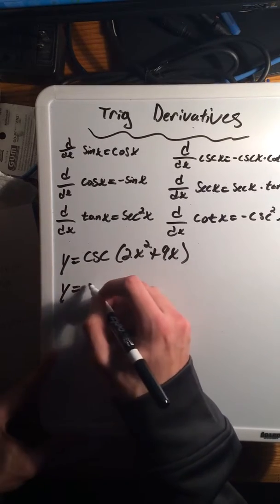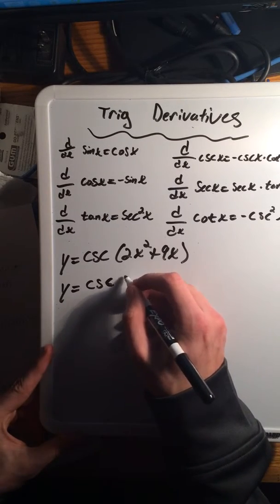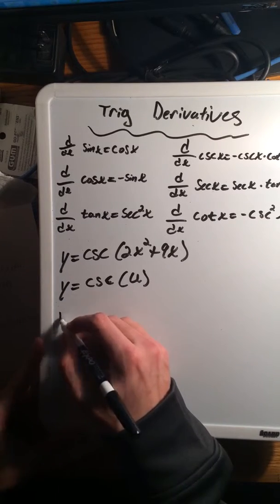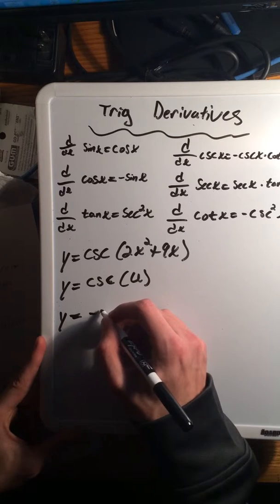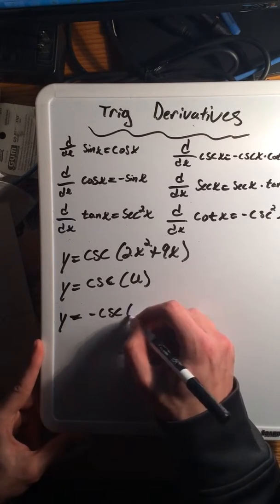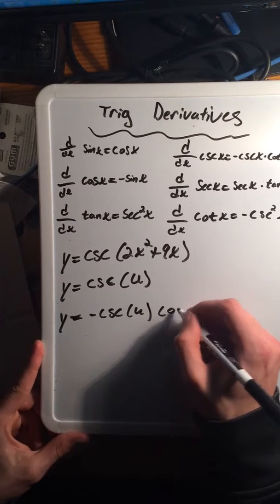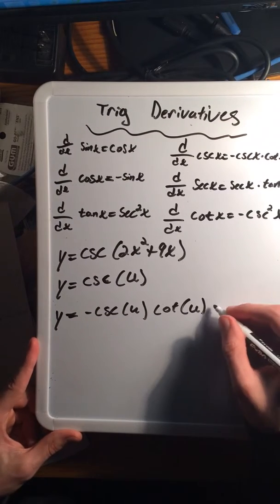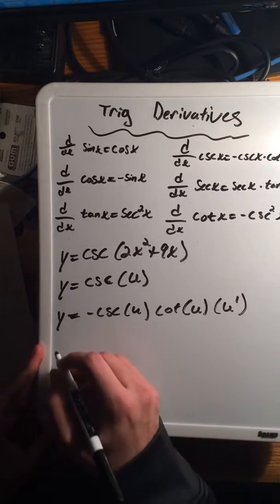So y equals cosecant of u. Now I'm going to find the derivative. So y prime equals negative cosecant u times cotangent u times u prime.